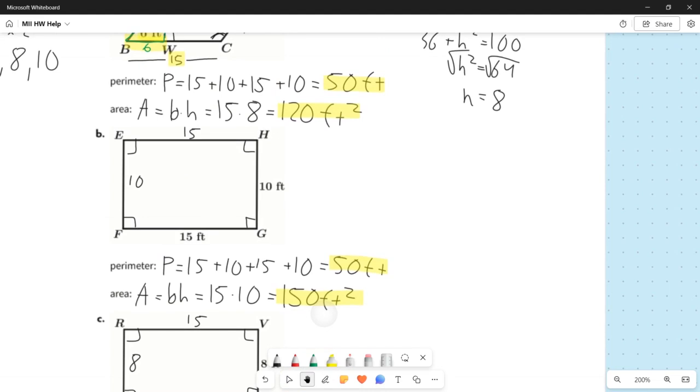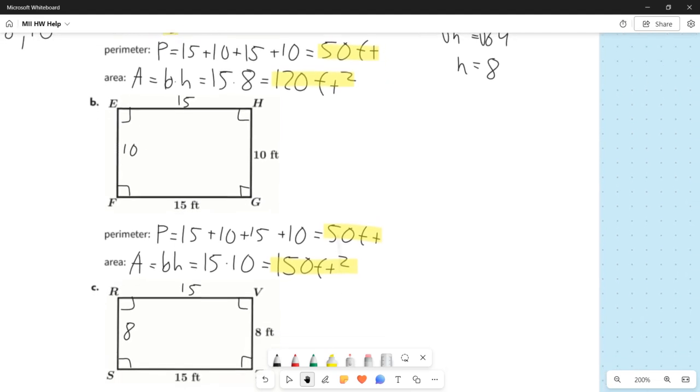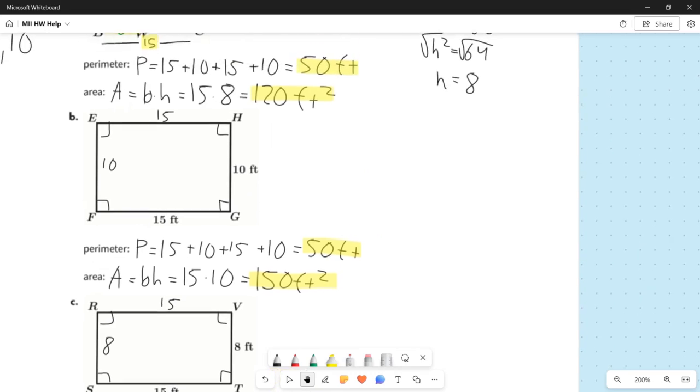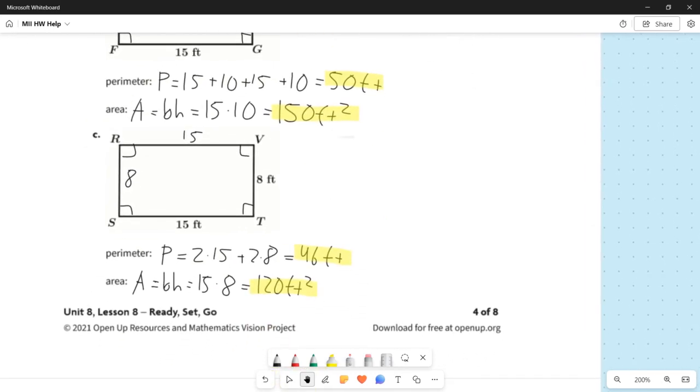Right? So if we're comparing A and B, they have the same perimeter but different areas. And if we compare A with C, they have different perimeters, but the same area.